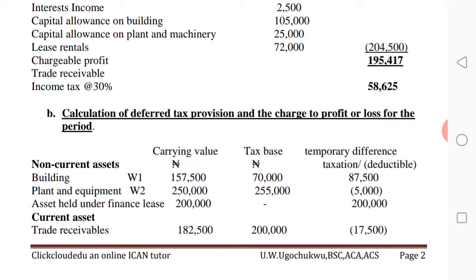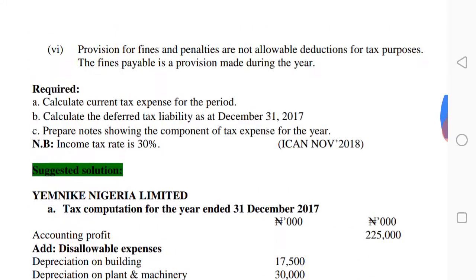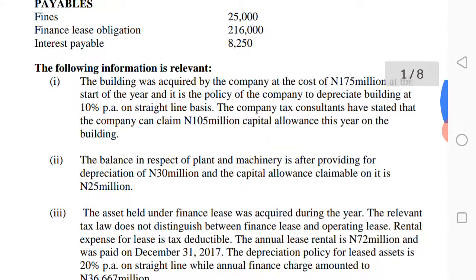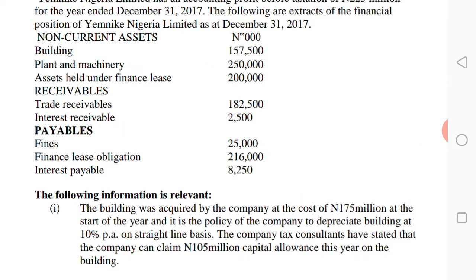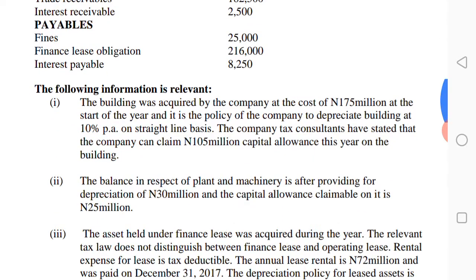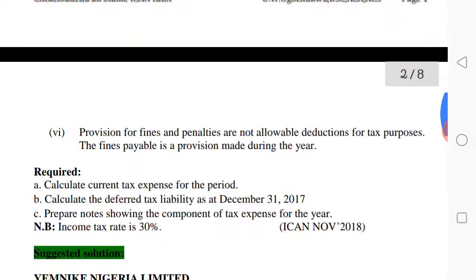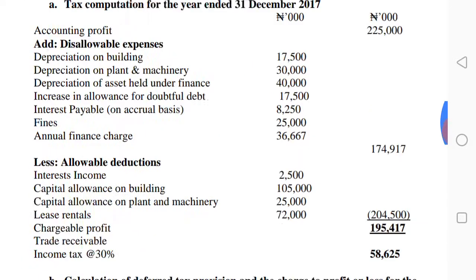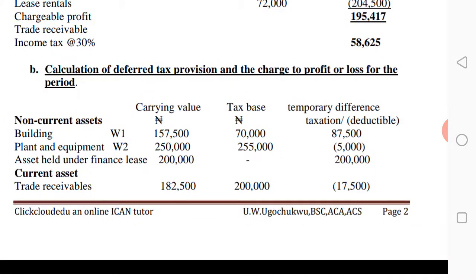Now for the building, let's look at building. The carrying amount we are given for the building is 157,500,000. The tax base, which is the cost minus the capital allowance, is 70 million naira.